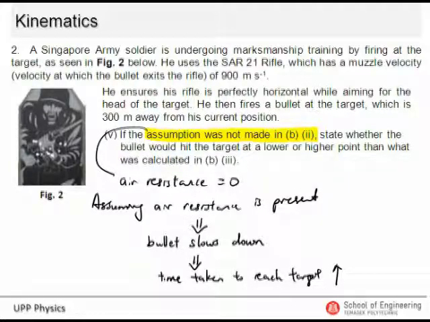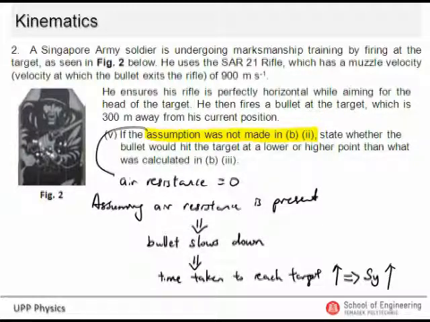If a longer time is needed, will the vertical distance covered be larger than before? Yes, because more time means the bullet has more time to travel downwards. So the Sy, or the vertical distance covered by the bullet, will increase.